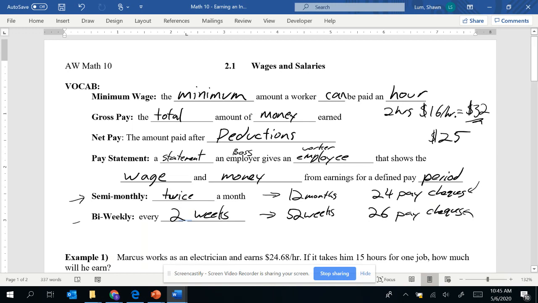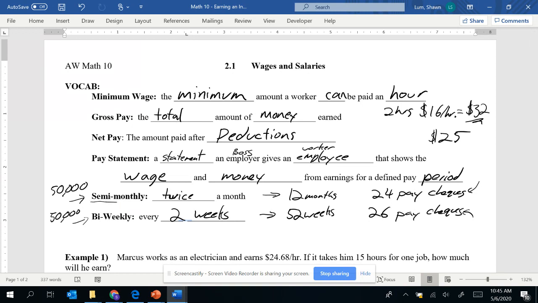This person who gets paid bi-weekly, their paychecks will be smaller but more frequent. So the semi-monthly person could be making $50,000 a year, and the bi-weekly person could also be making $50,000 a year. So they're making the same amount of money per year.